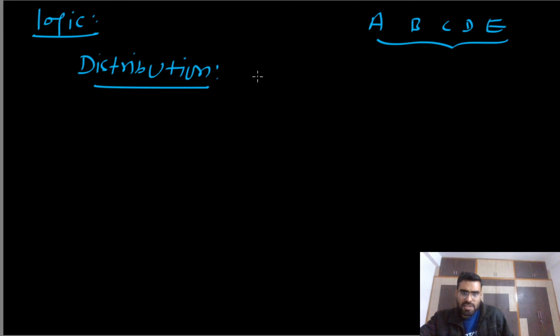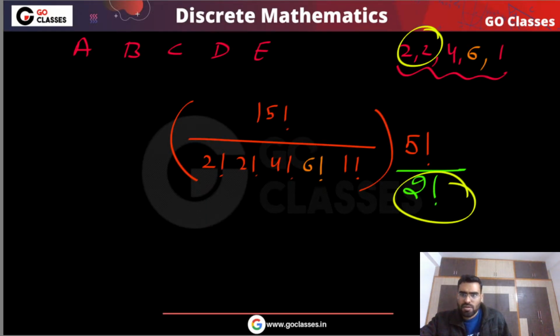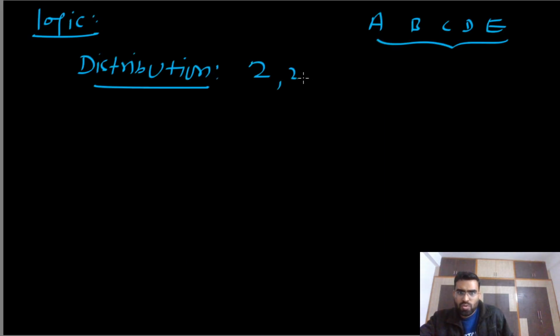Our distribution is basically 2 2 4 6 1.